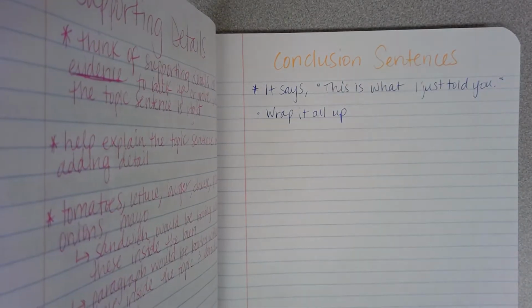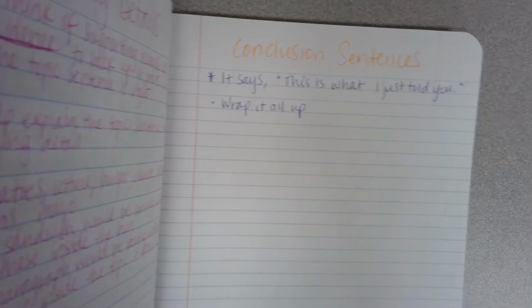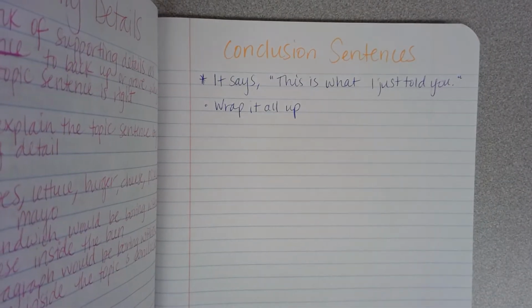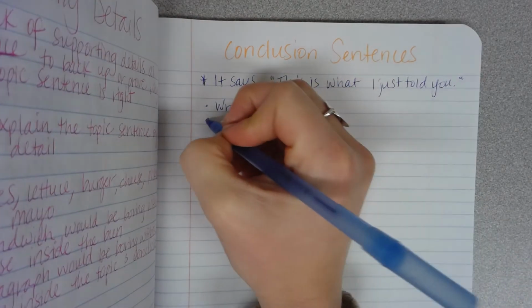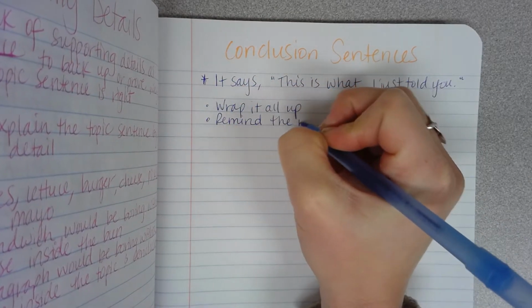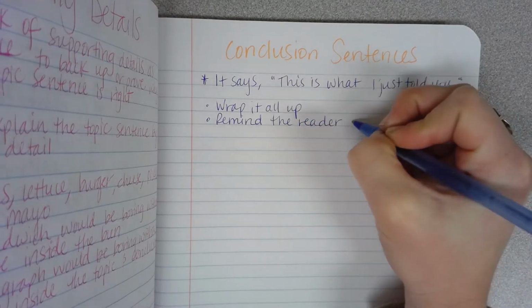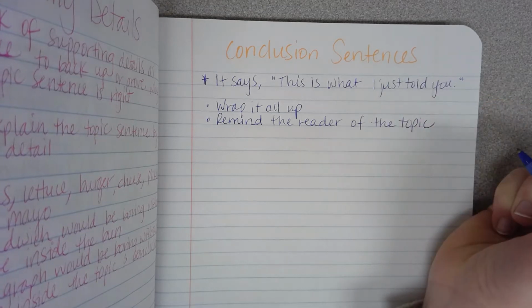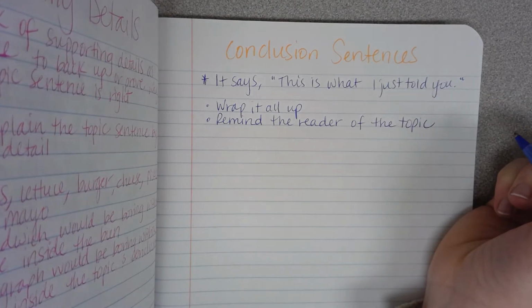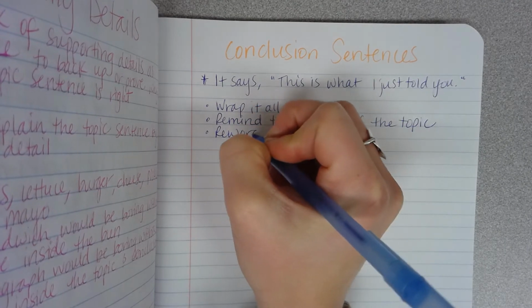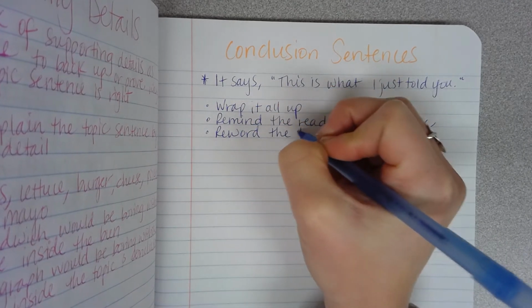What is being talked about or proved or explained in the paragraph by the supporting details and then the topic sentence. They remind the reader of the topic. And a lot of the times, they reword the topic sentence.